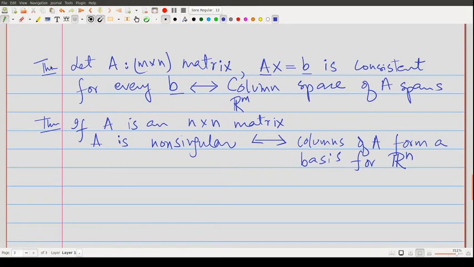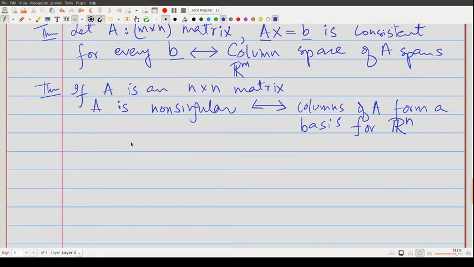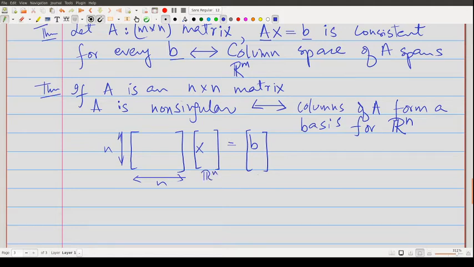Now, this is just the previous theorem taken for an m by n matrix, and so it's simple to see, because when you have a matrix which has n rows and n columns, then if I multiply it with x, Ax equals b, this is in Rn, of course, and this is also in Rn. This is n by 1 and this is n by 1, sorry.